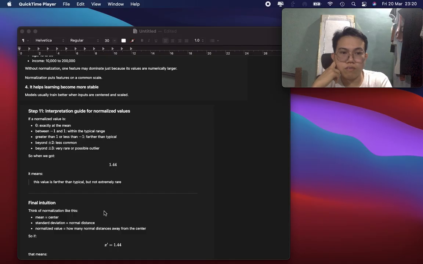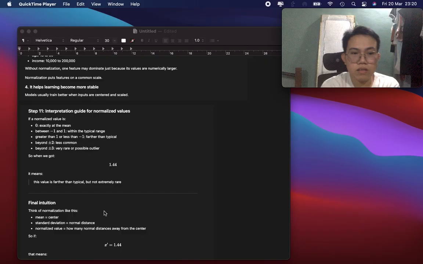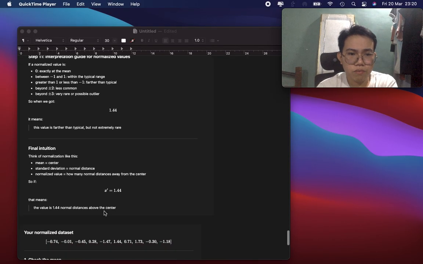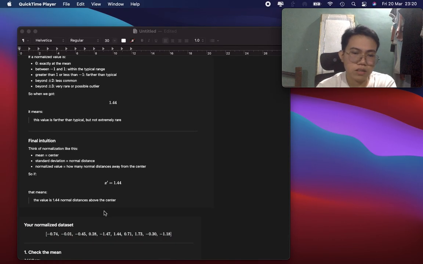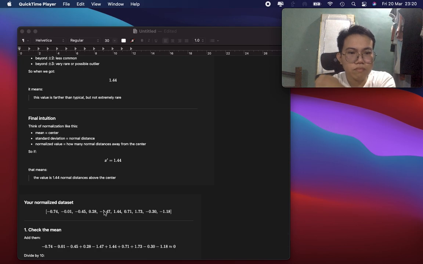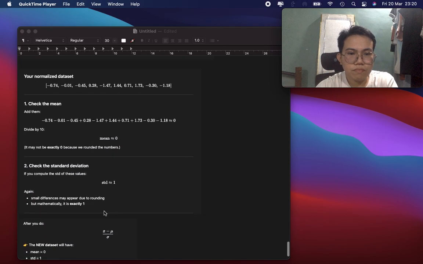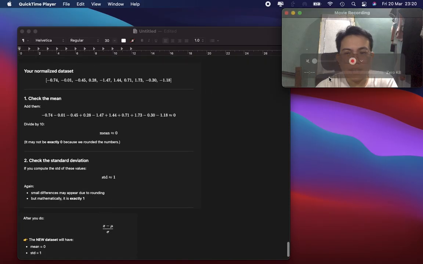Greater than 1 or less than -1 is farther than the typical value. Beyond positive or negative 2 is less common, and beyond positive or negative 3 is very rare or a possible outlier. So when we got 1.44, this value is farther than typical but not extremely rare. And that's it.